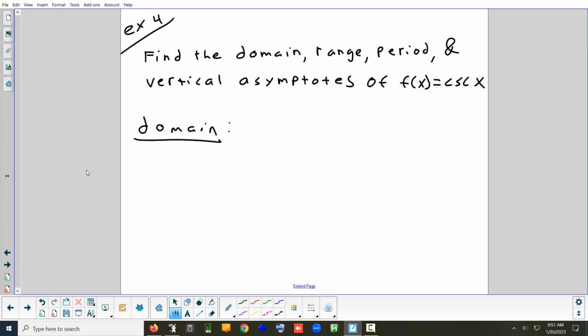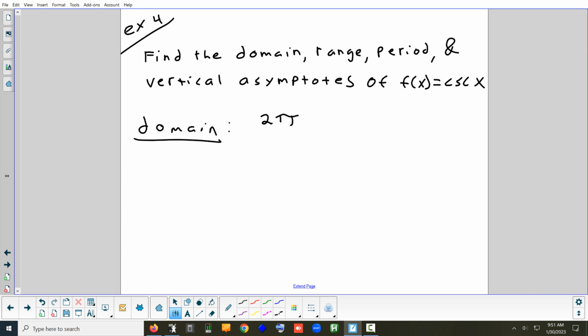Cosecant. What's the formula to find the period of cosecant? T equals pi over 2. Right? No, that's the tangent. Well, pi over b is the tangent. Yeah. 2 pi over the actual value of b. Yep.